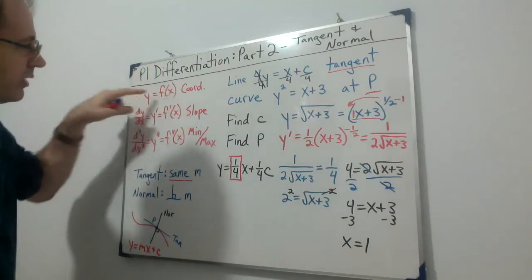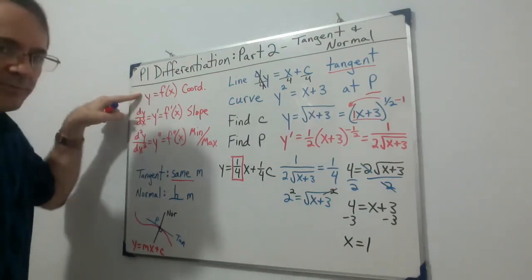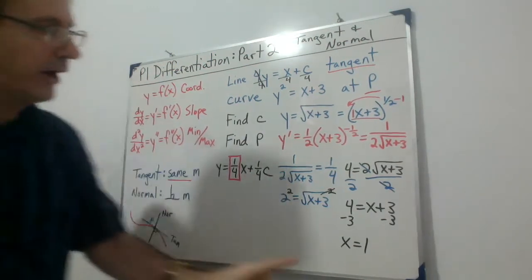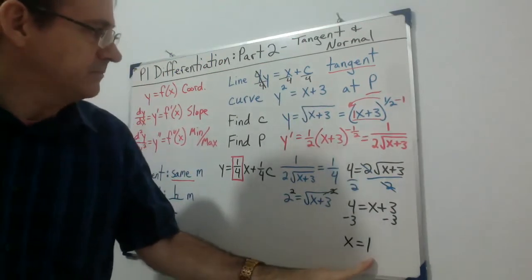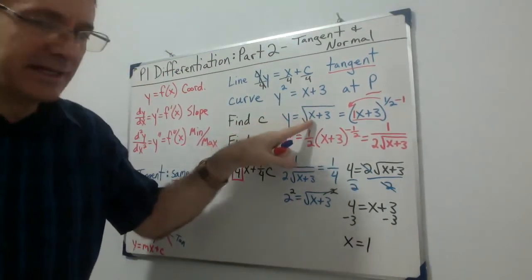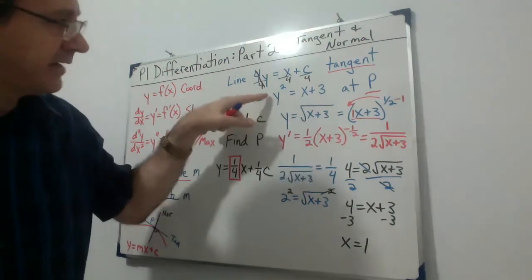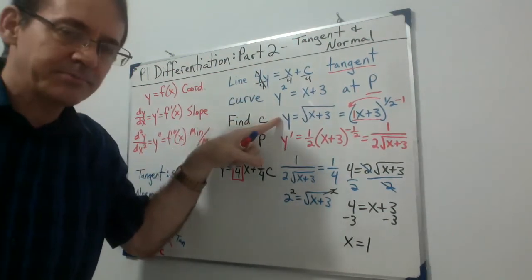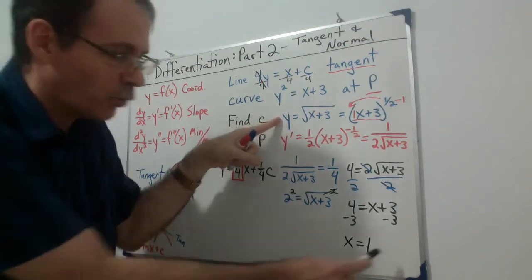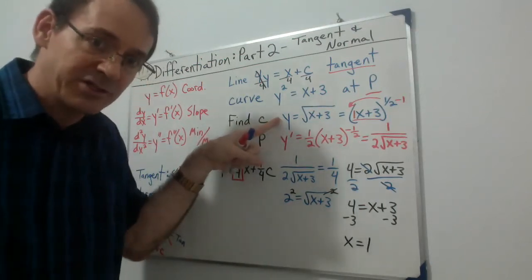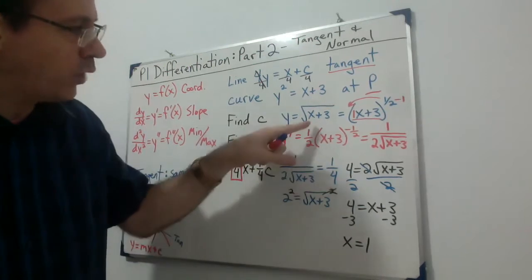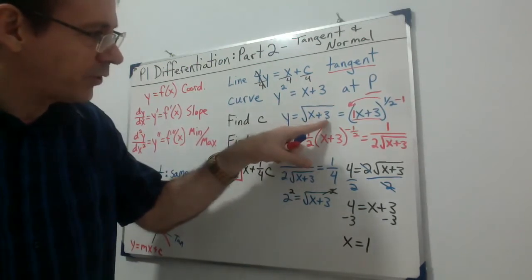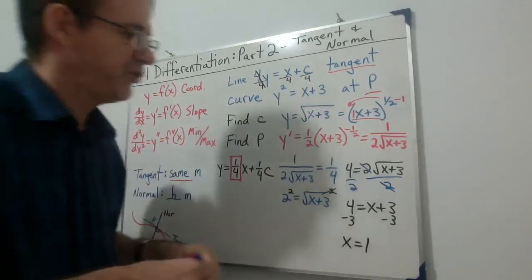Remember, when you're working with coordinates, you work from the original function. So what we want to do is take this 1 and plug it into the original function. Now this is the original one, but this is the same thing, just with y as the subject, and y is what we want to finish the coordinate. So if we plug 1 in here, 1 plus 3 is 4, square root of 4 is 2.